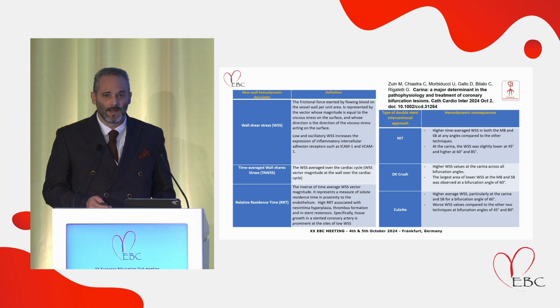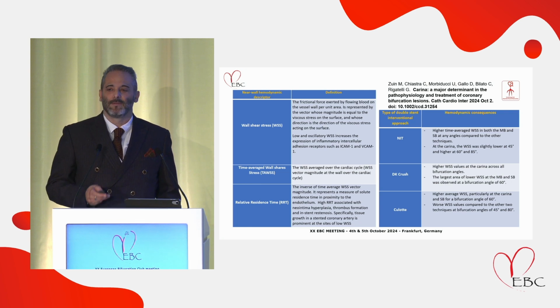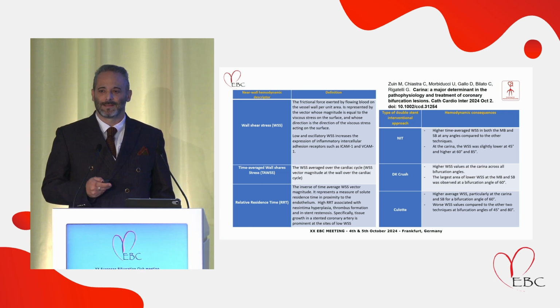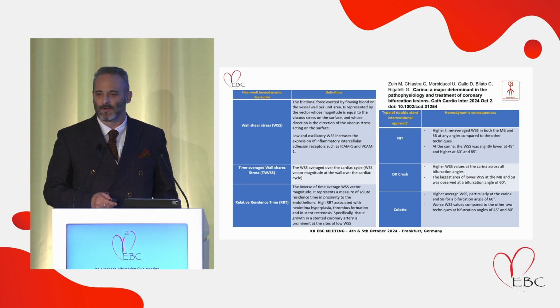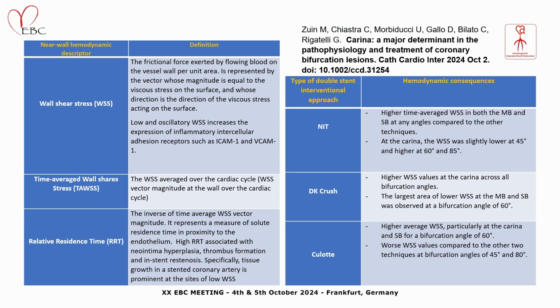On the contrary, techniques that have much more metal at the carina, like DK crush, culotte stenting, TAP also, may have a less beneficial and less respectful profile with respect to the rheology of the vessel and the physiology.